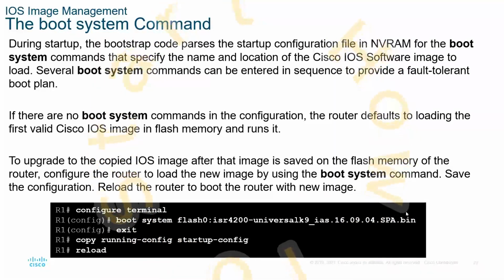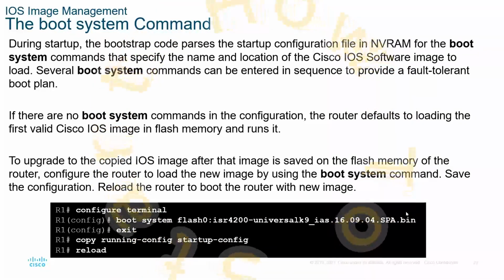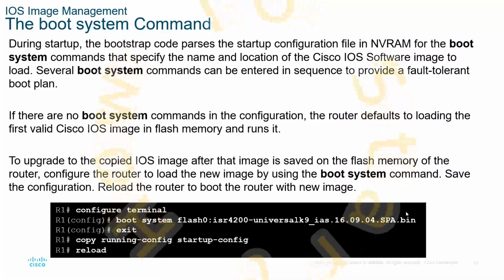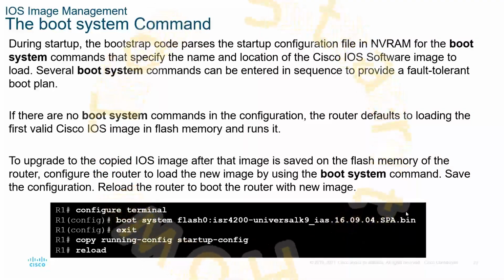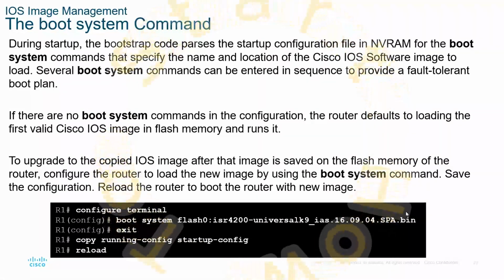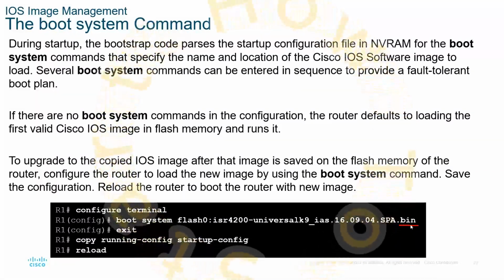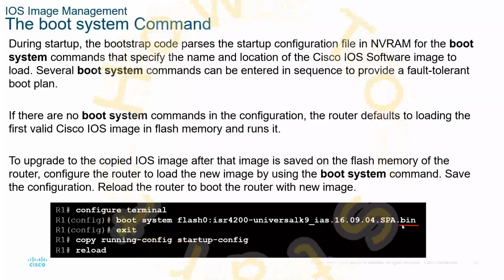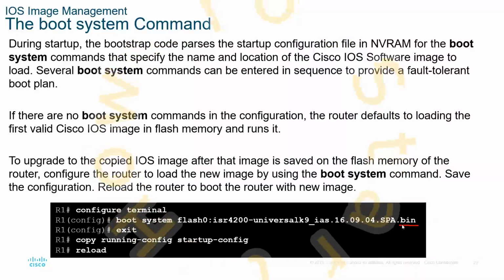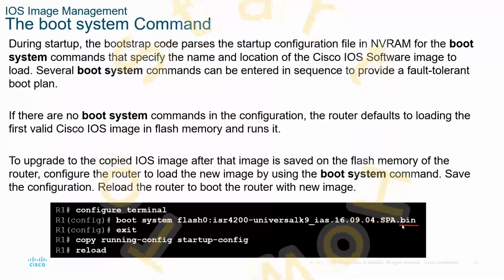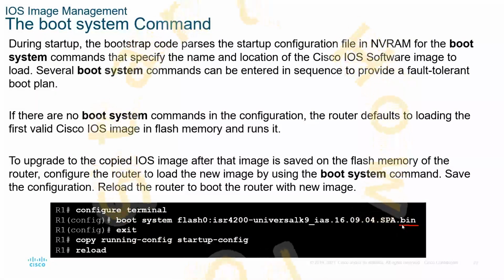So from global configuration, use the boot system command. You would tell it it's in flash, and you'd give it the appropriate IOS file. I know it's an IOS, not a configuration file, but it ends with a .bin. This will tell the device what file to load. Then save it, reload it, and it will load the new IOS.